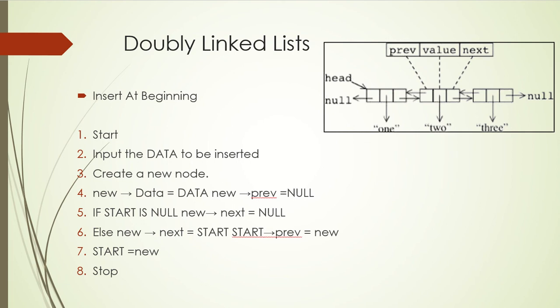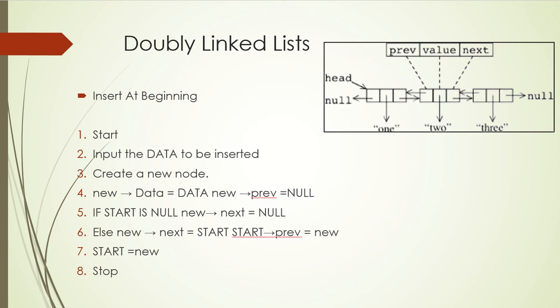Let's see how to perform insertion. Just like in the case of a singly linked list, here also you have three cases to follow. First, you insert at the beginning of the list, then you insert at the end of the list, and then you insert at any position chosen by the user. Let's start with insertion at the beginning.